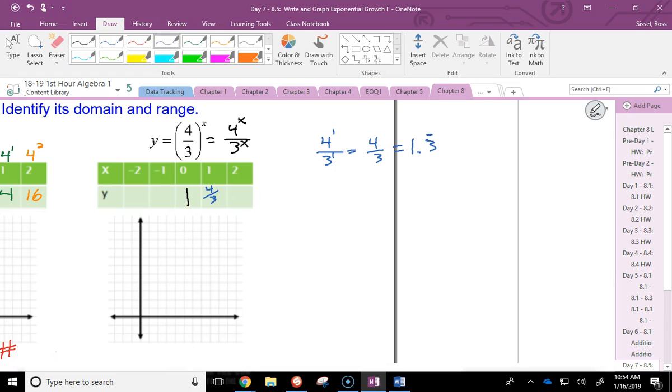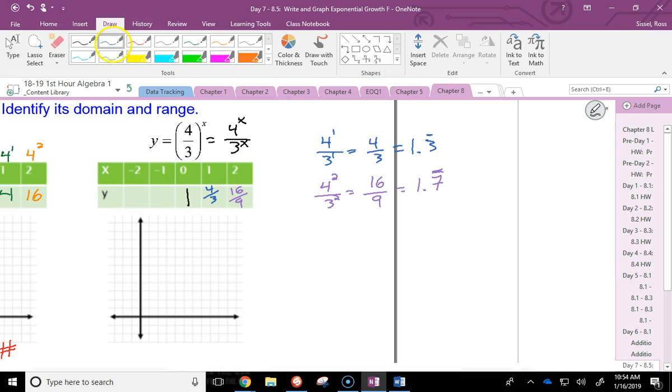When I do the next one, 4 to the second power, 3 to the second power. That's 16 over 9, or when we divide that, I'll make sure I tell you the decimal right. That's like 1.7 continuous. Just so I have something to base off.